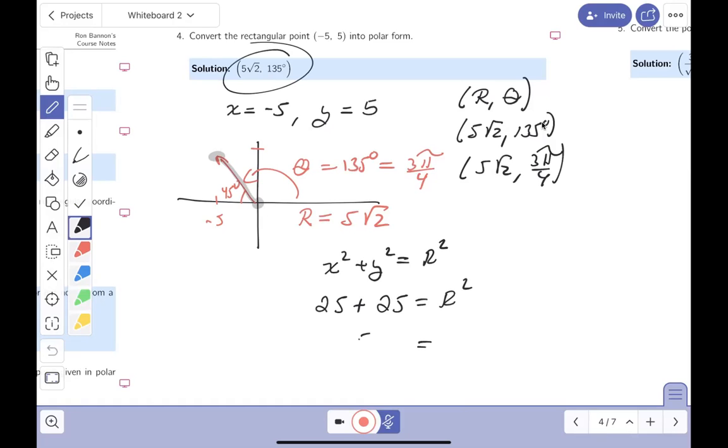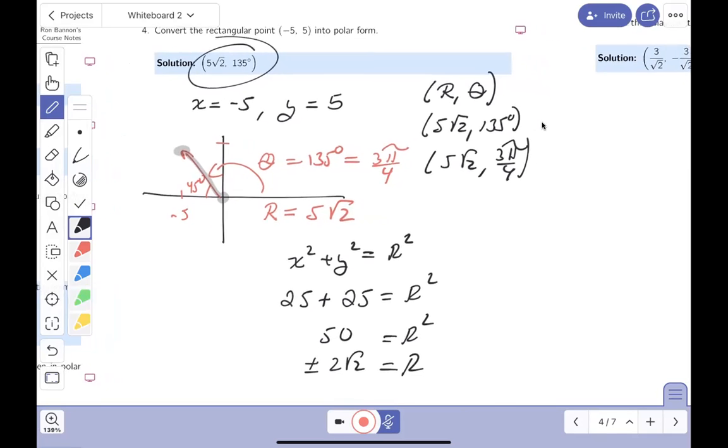Well, you get 50 equals r squared. And again, in polar form, r could be plus or minus. So r is plus or minus root of 50, which is plus or minus 5 root 2. This is where students get horribly confused. That's why I'm saying a picture is going to be really, really helpful. At least you'll be able to ballpark where the angle is. And if this is a nice problem, it'll be really easy to do. But anyway, there's other forms to put down.